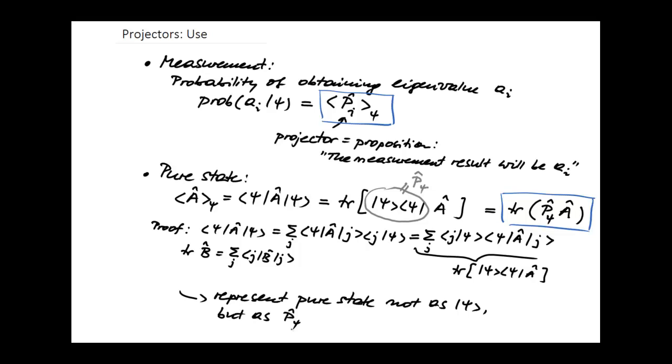And the key reason why I introduced this form is, of course, because it makes the transition easier to a new concept, the density matrix. The density matrix will turn out to be the generalization of the projector.